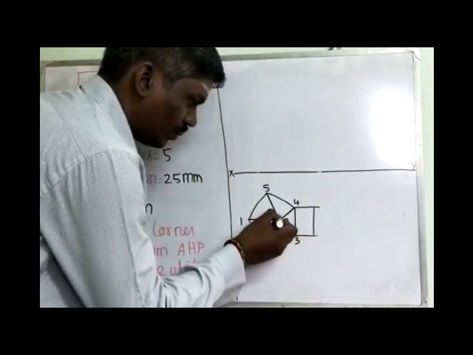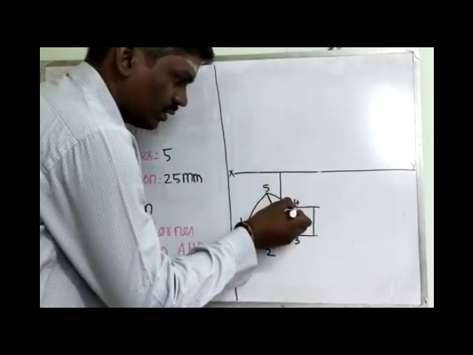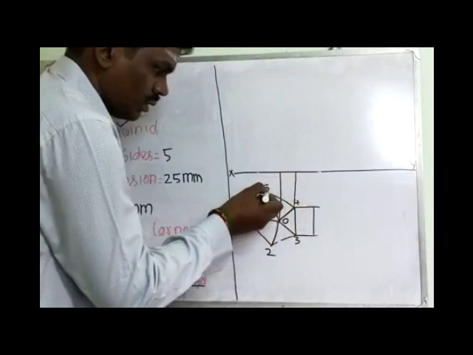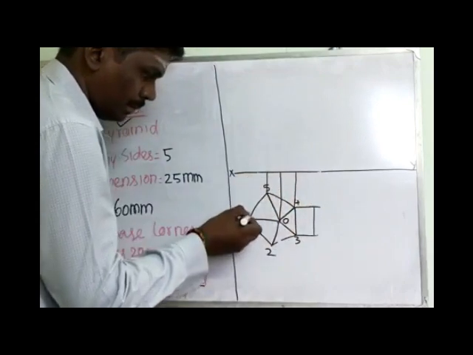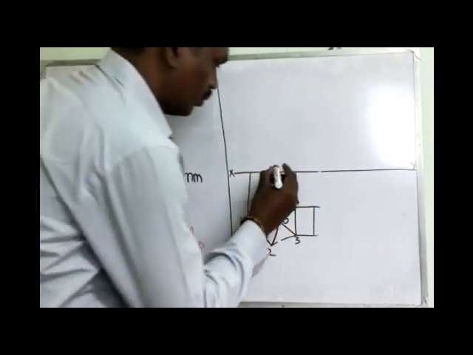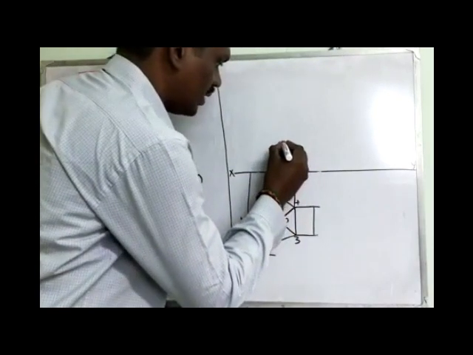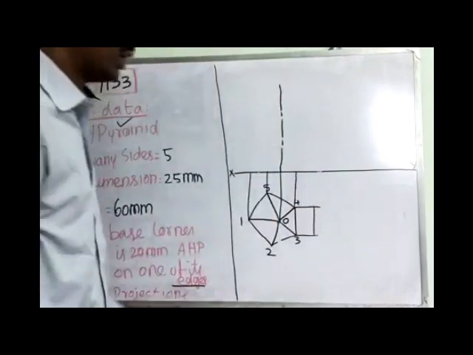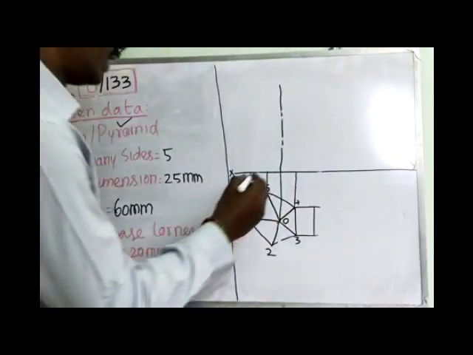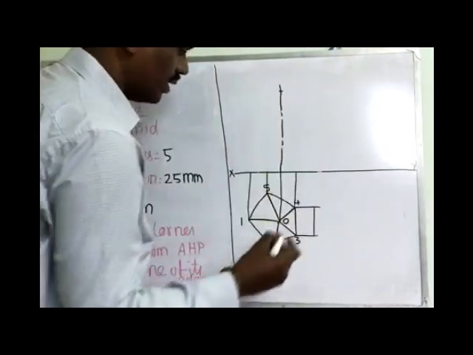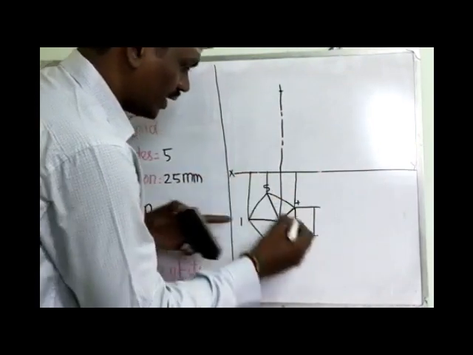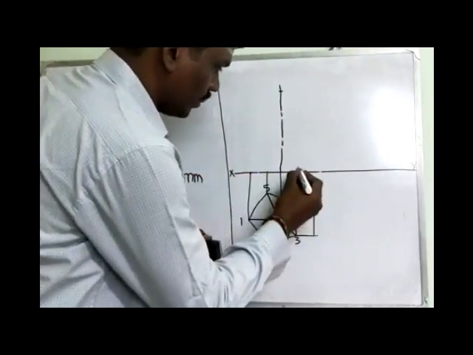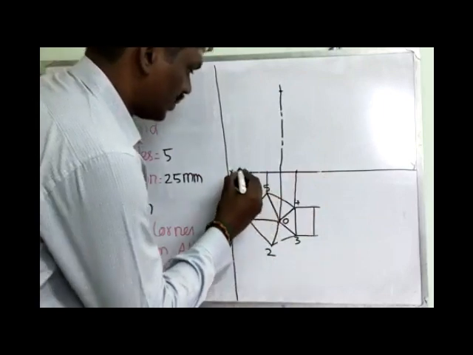Now you project the point to the reference line. From the apex itself you draw the axis line: longer line, smaller line, longer line, smaller line, longer line. Height of the object is 60 millimeter. So the left extreme point is projected, and the right extreme point. These are the base edges projected.